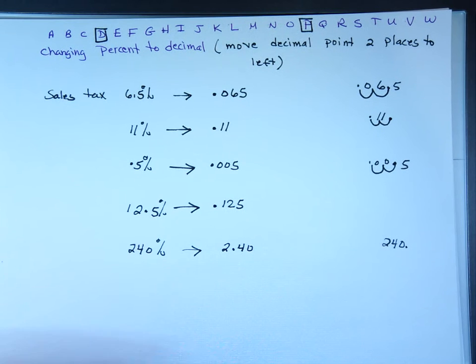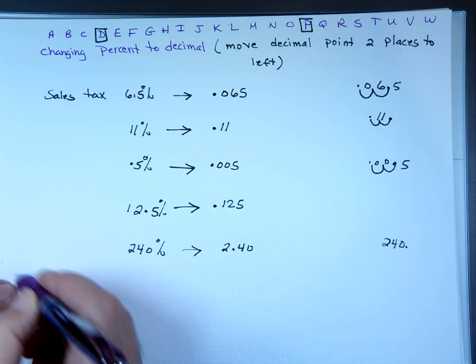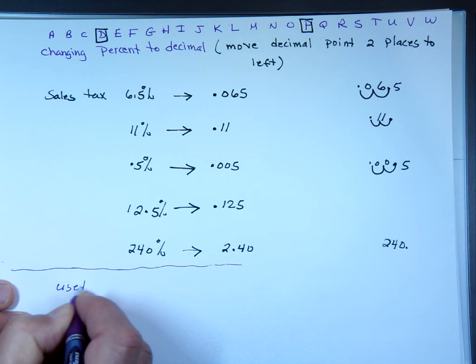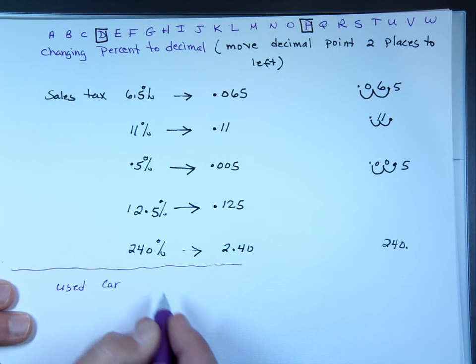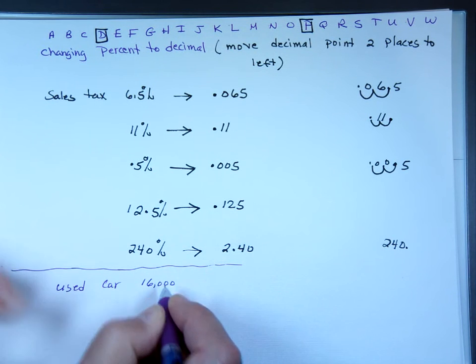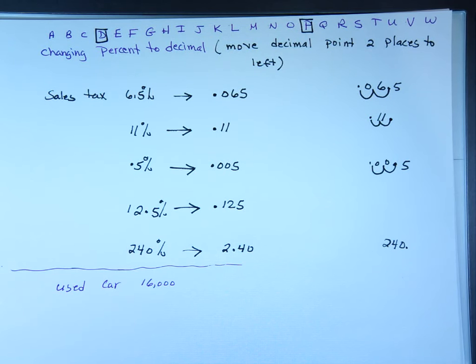Let me just jump ahead here, 'cause that's coming up later. But let's say we're buying a car. You go to buy a car. What do you want to buy? Used or a new car? Used. You want to buy a used car. And you find the car for $16,000. Let's say you buy it for $16,000. Now, you think that's what the car is going to cost you?